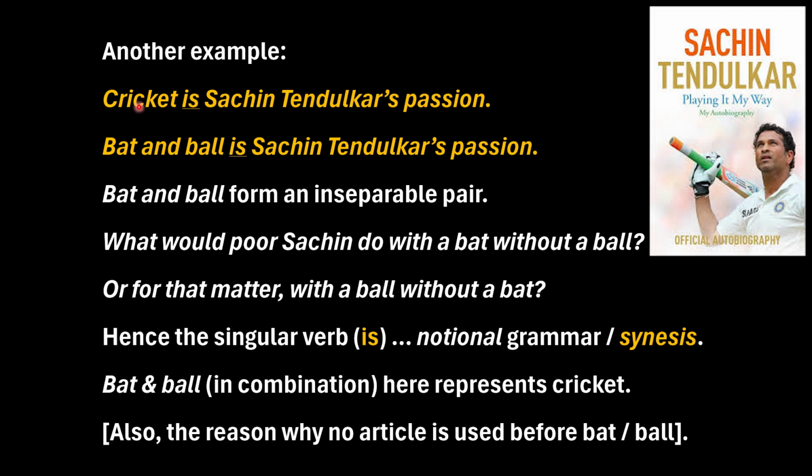So bat and ball is not actually bat as a separate item and ball as a separate item. It is representing cricket. That is why we are using a singular verb, and also the reason why no article is used before bat and ball. We are not saying "a bat and a ball" or "the bat and the ball." No article, because actually bat and ball is representing cricket.